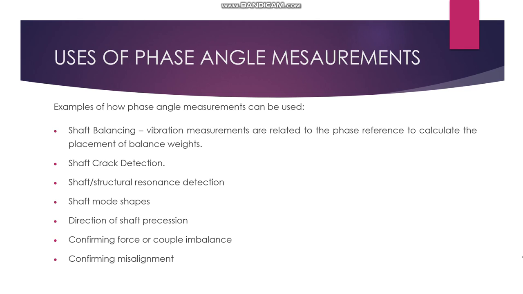Uses of phase angle measurement. Examples of how phase angle measurement can be used. Shaft balancing: vibration measurements are related to the phase reference to calculate the placement of balance weight. Shaft crack detection.